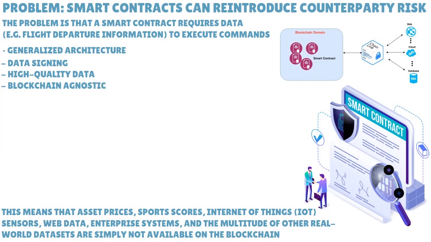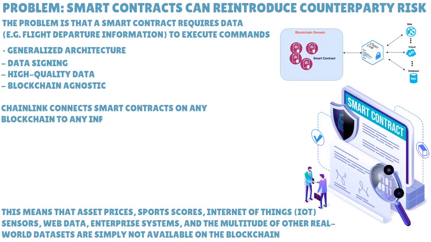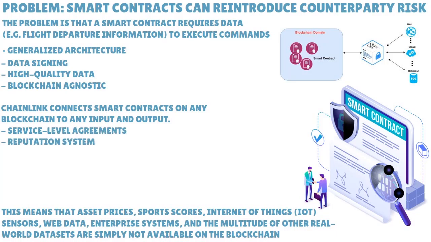Chainlink connects smart contracts on any blockchain to any input and output. You also have service level agreements, reputation systems, and finally, optional features. That's really important to remember.